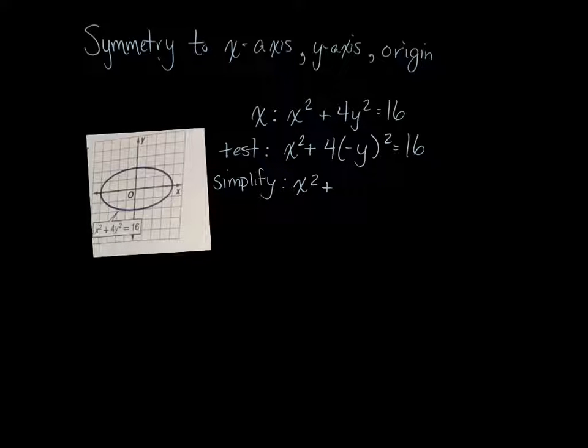So -y times -y is positive y squared. So what you look at is you look at your original equation, and then you look at your simplified test equation, and since these two are equal, all of your values are the same, then this is symmetric to the x-axis. So I'll just put a check there.